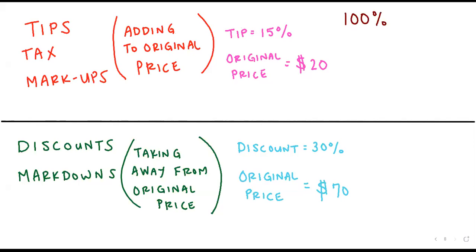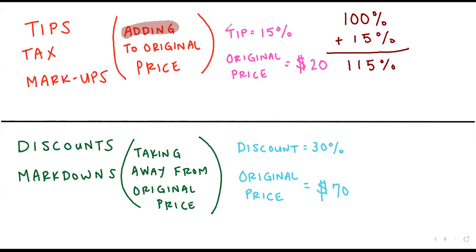Since tips, taxes, and markups mean you're adding to the original price, you're going to add the tip or the tax or the markup to 100%. So 100% plus 15% will give us 115%.